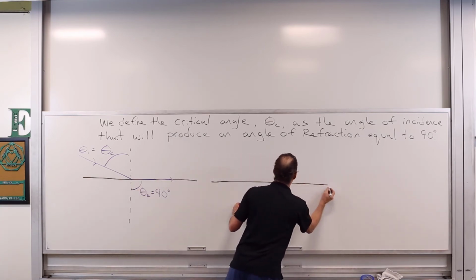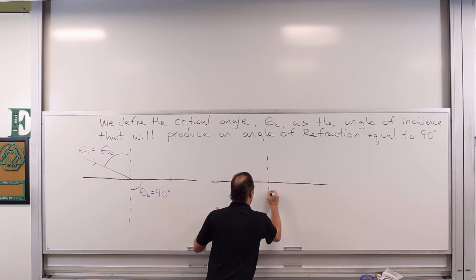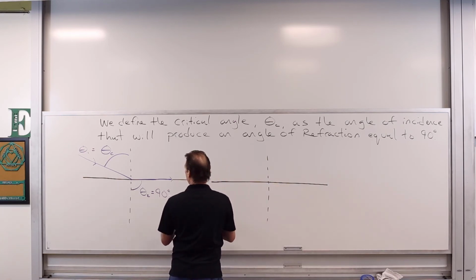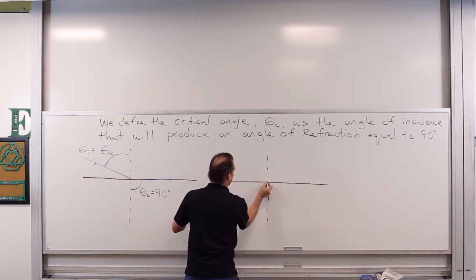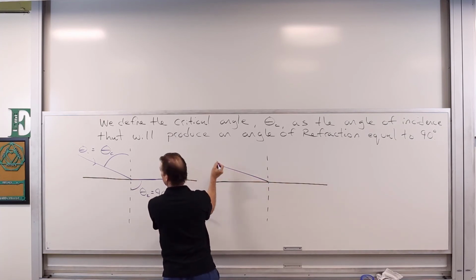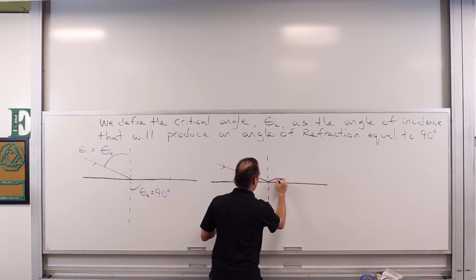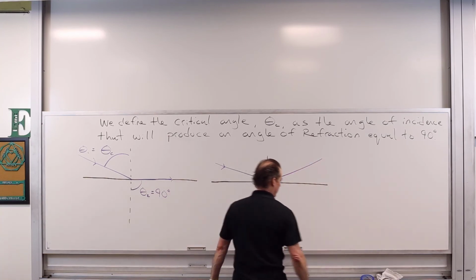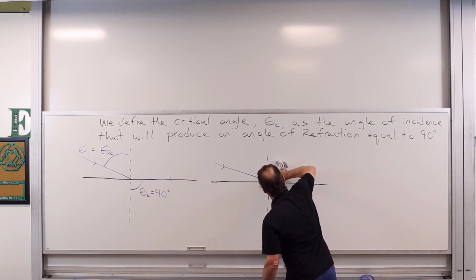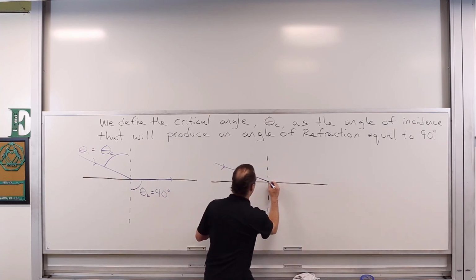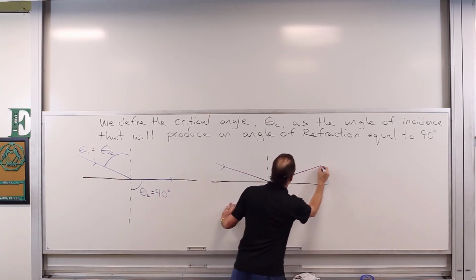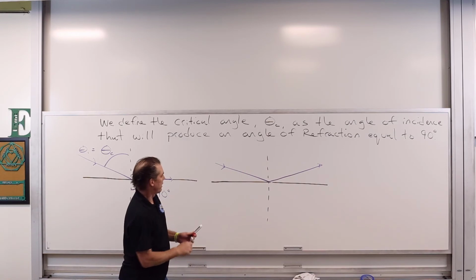We'll go over here and say here is our normal and interface boundary, and we take an angle that's just a little bit bigger than that. That doesn't quite look like the law of reflection there. That looks a little bit better.